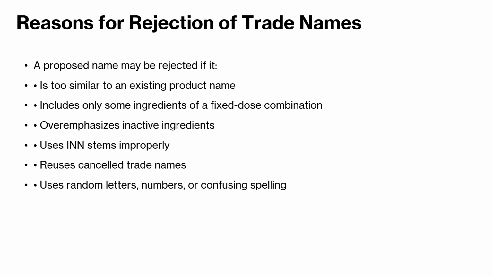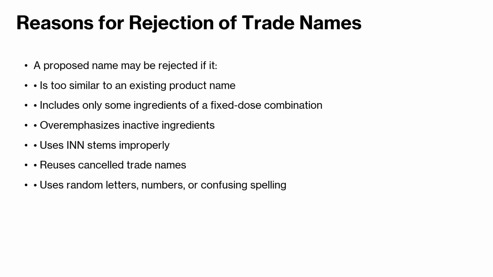Overemphasizing the inactive ingredients, like if we are using beta cyclodextrin and there is no additional pharmacological impact due to this inactive ingredient, and we are highlighting this inactive ingredient in our trade name, it is usually not accepted by the agency.